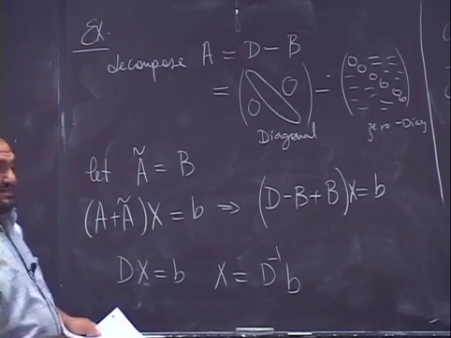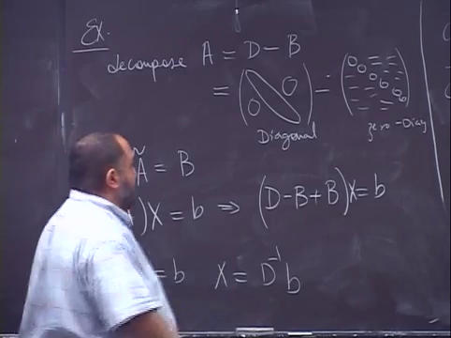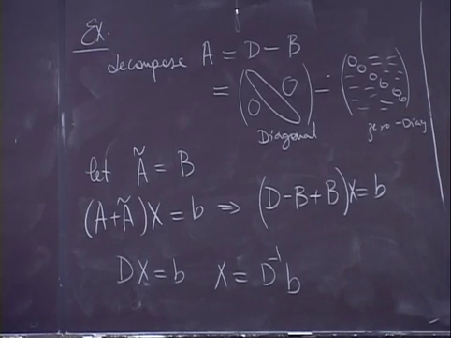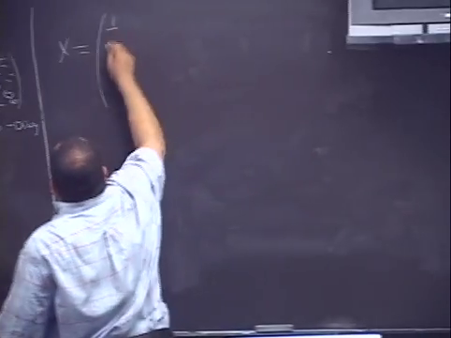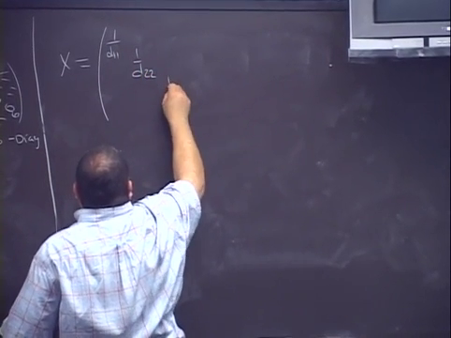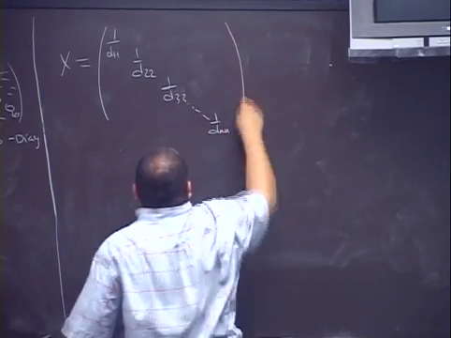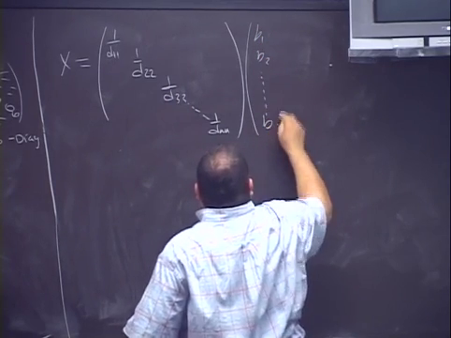What's D? It's just a diagonal matrix. Yes? So what's the inverse of the diagonal matrix? X will be equal to just the inverse of each element: 1 over d11, 1 over d22, 1 over d33, 1 over dnn, multiplied by b1, b2, b3.